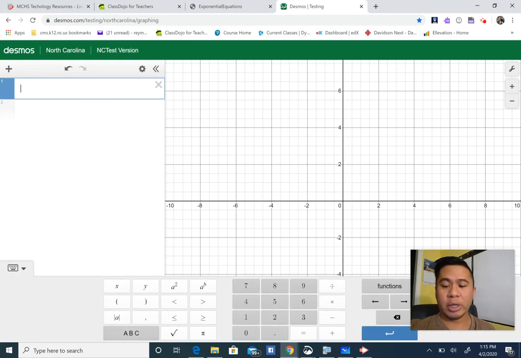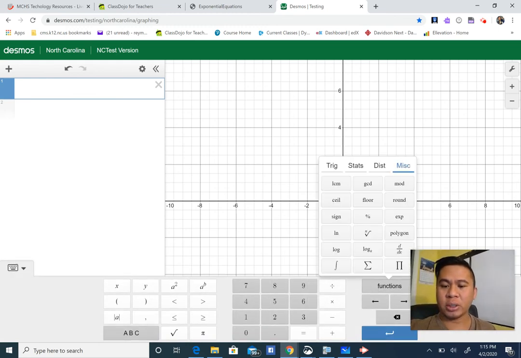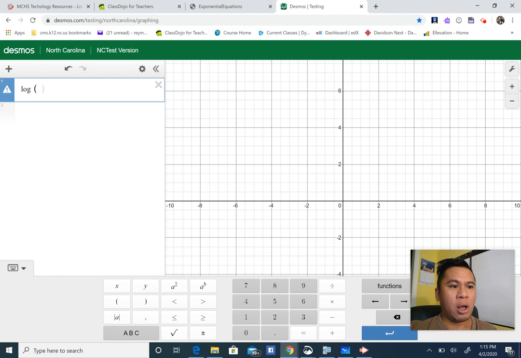I'll press the keyboard icon, press functions, and go to miscellaneous. After clicking on miscellaneous, I'll click on log base A. At the subscript, I'll put 1.012, and inside, I'll put approximately 1.29.